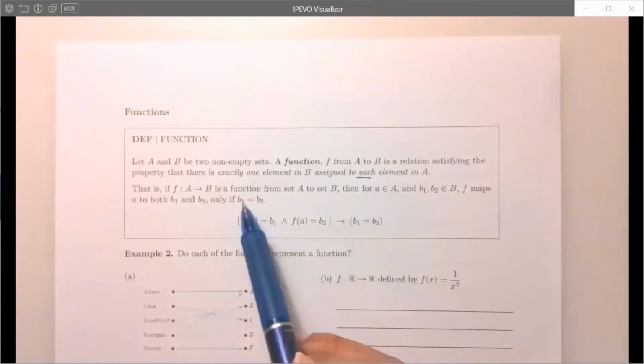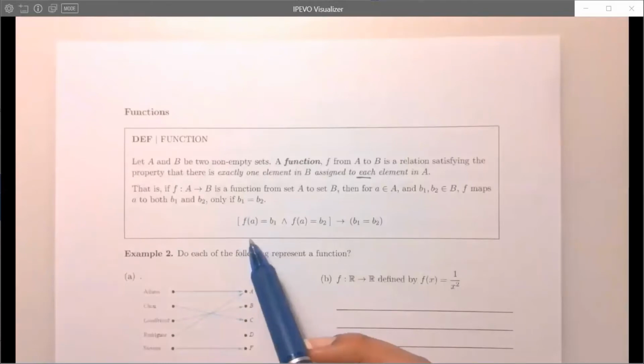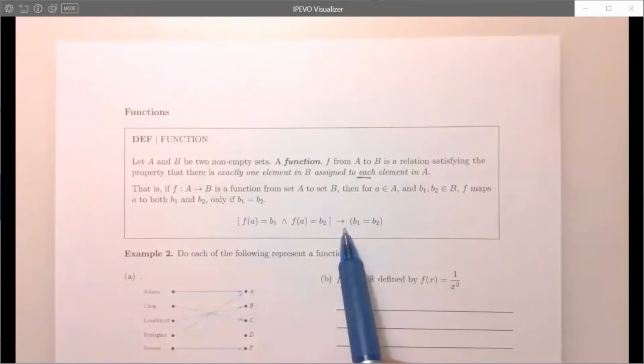Expressed using logical symbols, if f(a) = b1 and f(a) = b2, then b1 and b2 are the same.